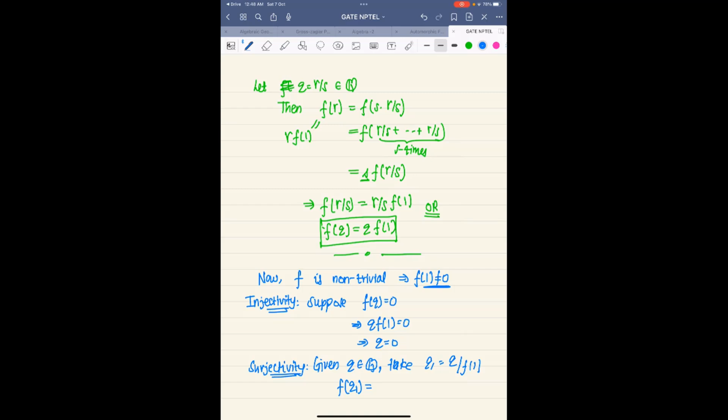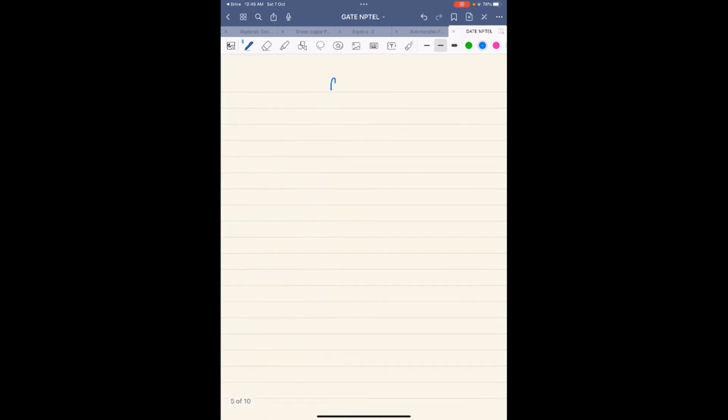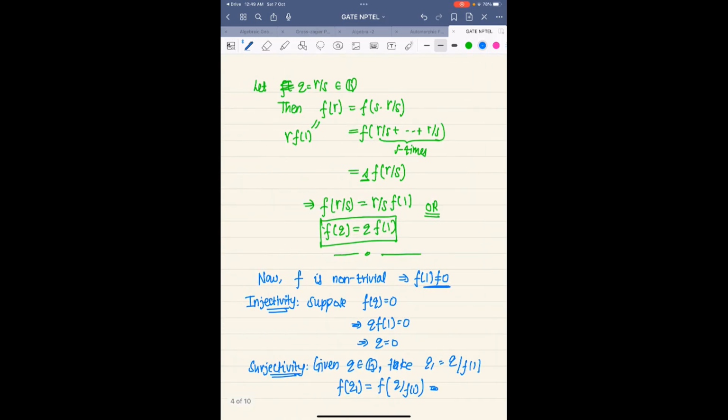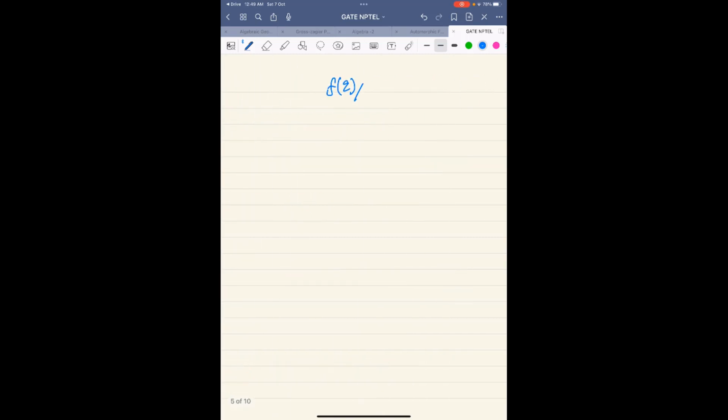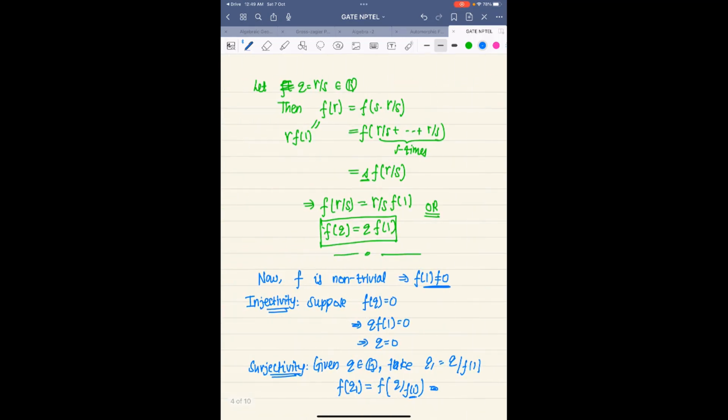So f of q1 is equal to f of q by f of 1, and because this is a constant, this will be equal to q by f of 1 times f of 1, right? Because this is a rational number, q by f of 1.